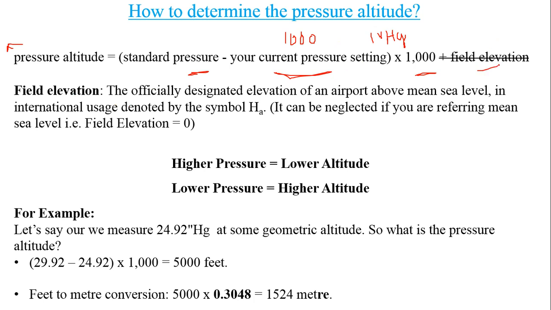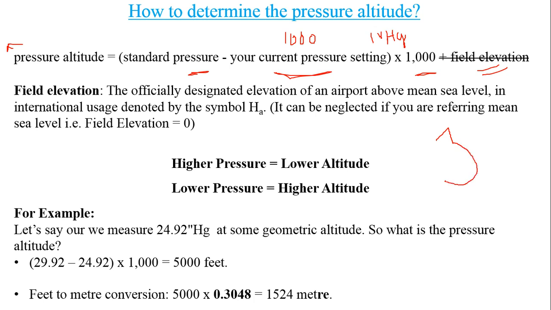Here we have neglected the field elevation. This is the elevation above or below mean sea level of the field. If we are considering some airport or some other place, it isn't at mean sea level, as the mean sea level model is the standard model which has neutralized this.